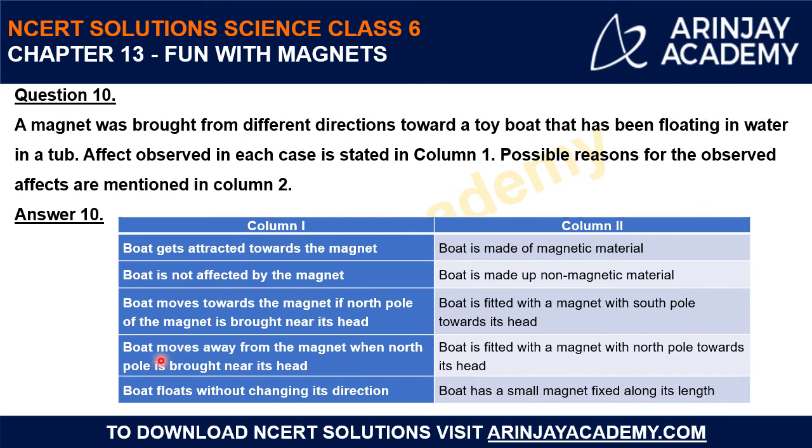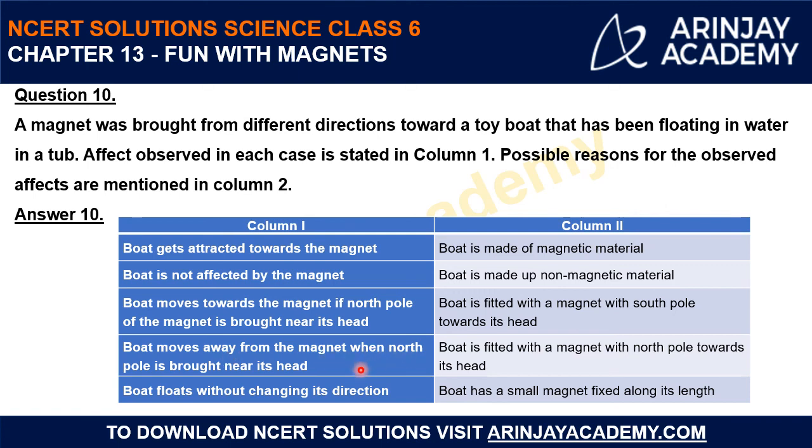The next observation is that boat moves away from the magnet when north pole is brought near its head. So contrary to the third one, where we observed attraction, here we are observing repulsion. That is, the boat is moving away from the magnet when we bring the north pole towards the head of the boat.